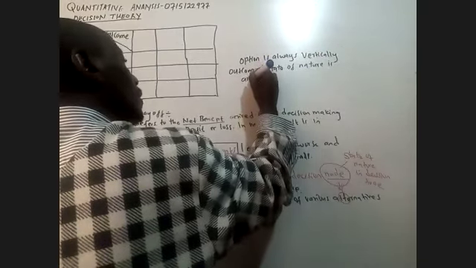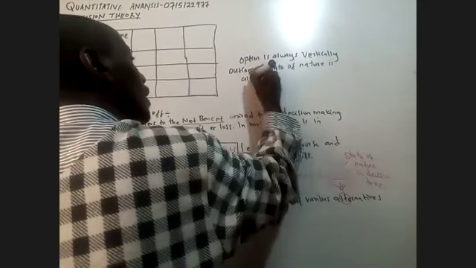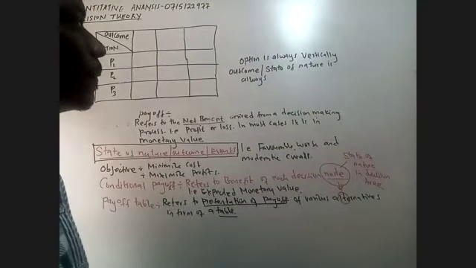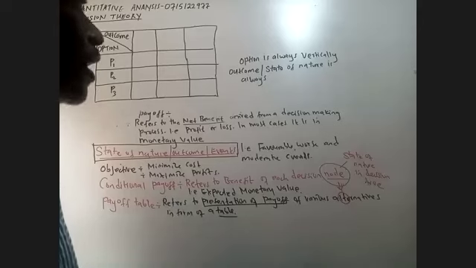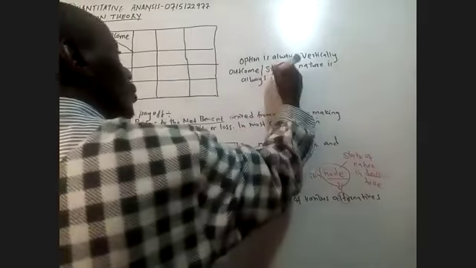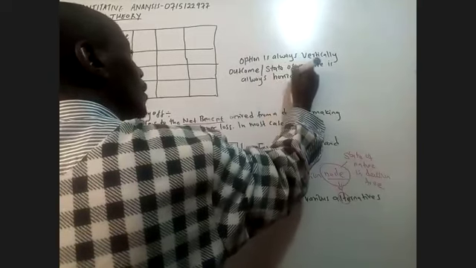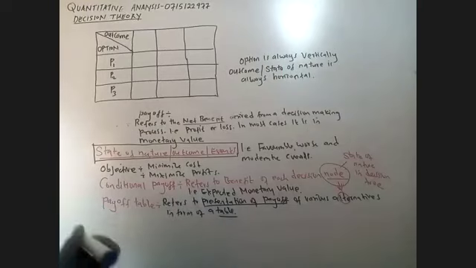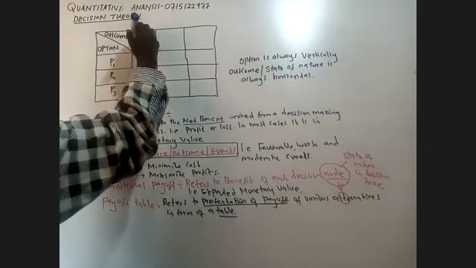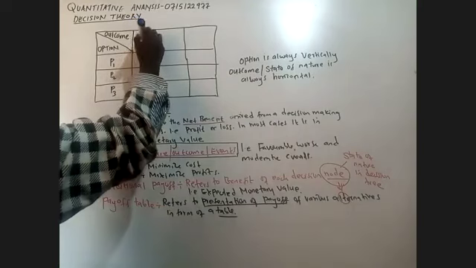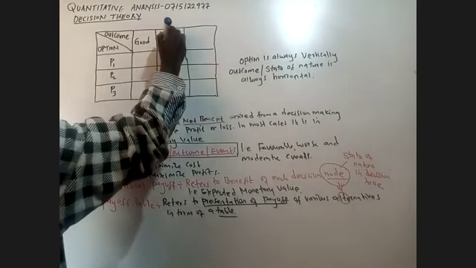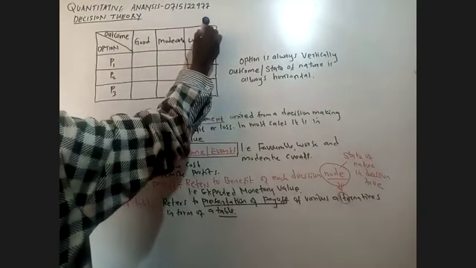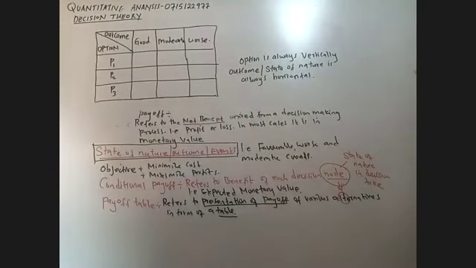So the outcome or the state of nature is always horizontal. It's always horizontal. For example, we can have good, moderate, and worse.